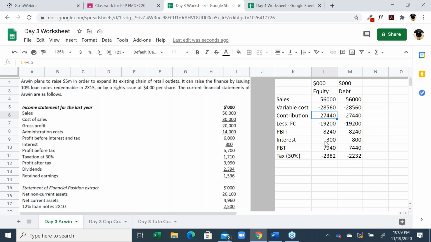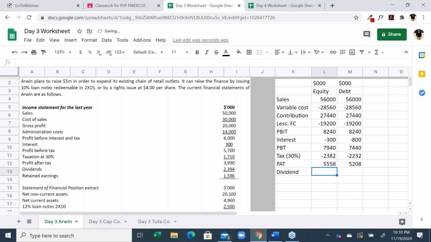It's just the difference of these two. Profit after tax will be PBT minus tax. That's PAT. Then comes dividend.